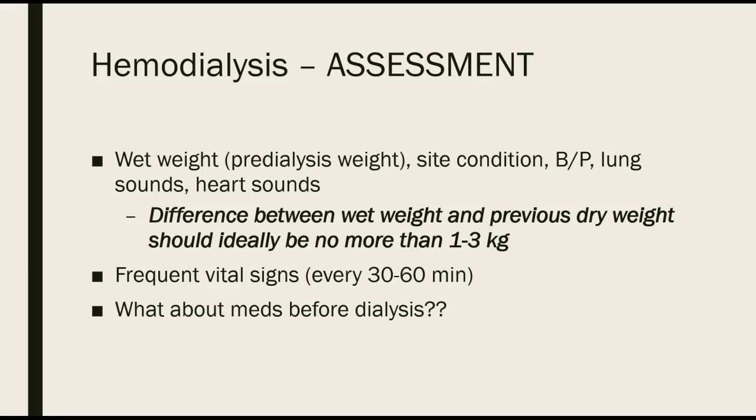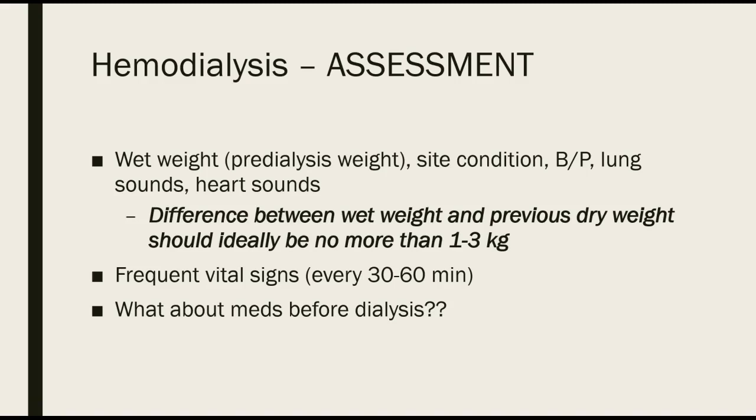The other important things to assess on the patient before they have dialysis is the site condition of their access, whether it be the fistula, the graft, the internal jugular site, the femoral site. Have to check that out and make sure everything looks good and that it doesn't look infected and it's not bleeding or anything. Also checking blood pressure to make sure it is an adequate blood pressure.